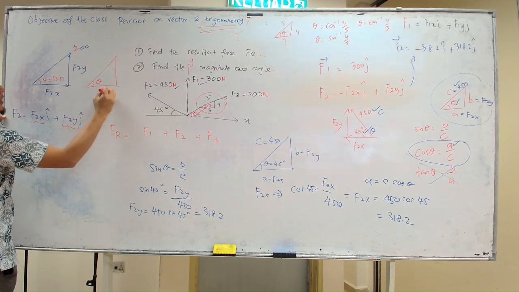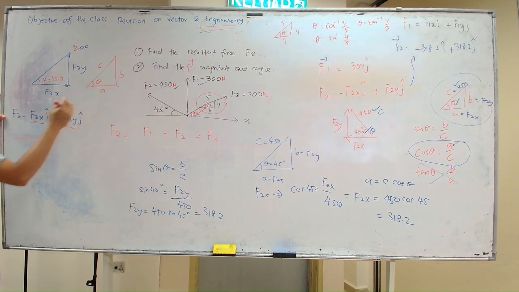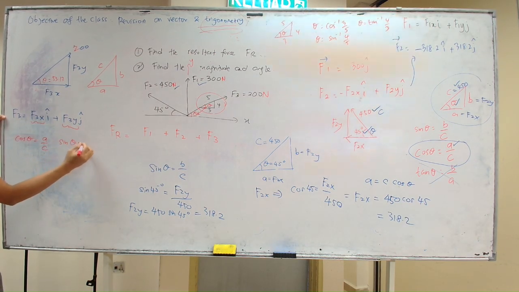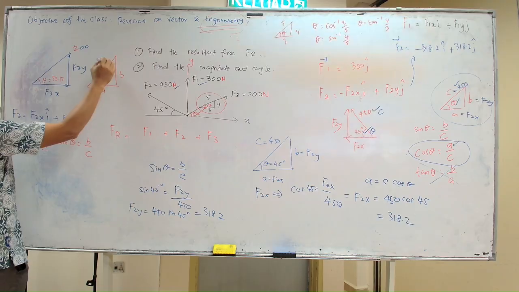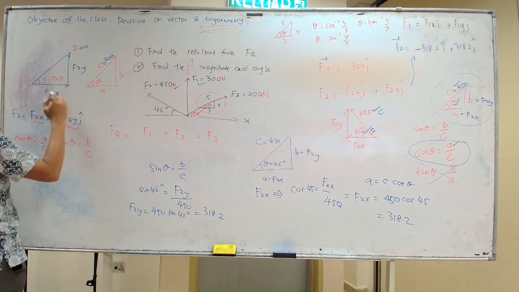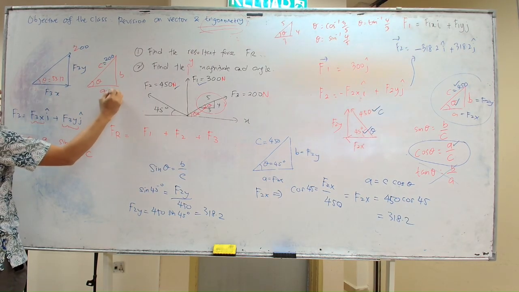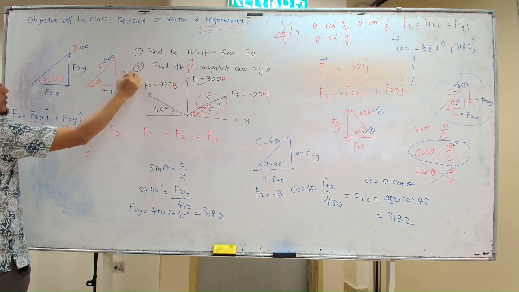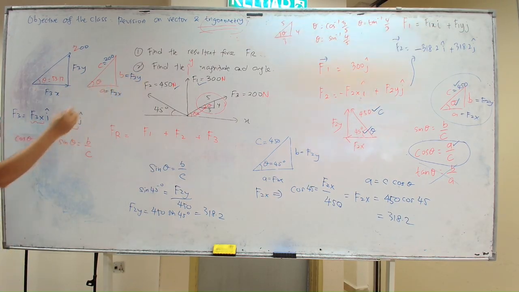Theta, A, B, C. So cos theta equal to A over C. Sin theta equal to B over C. So you know that the C equal to 200, A equal to F3x, B equal to F3y.